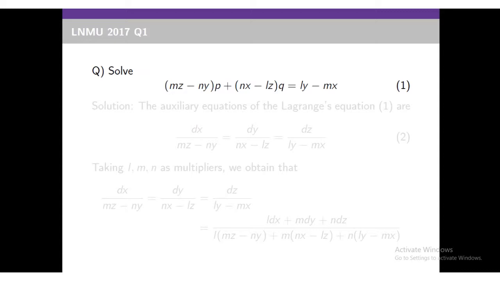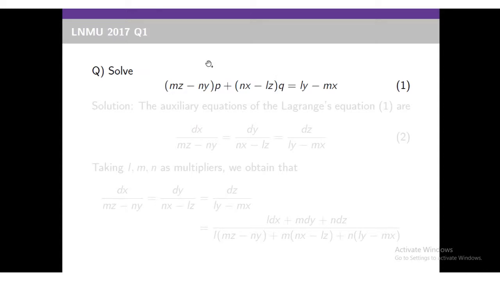We have already seen how to write the auxiliary equations of the Lagrange's equation. It means that we start solving this equation with the auxiliary equation. So how do you write the auxiliary equation of a Lagrange's equation?